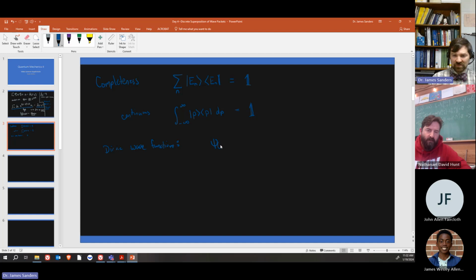Recall that the wave function psi of x is the inner product between x and psi. The way that looks is psi of x is equal to, therefore, x, integral from minus infinity to infinity, dp.